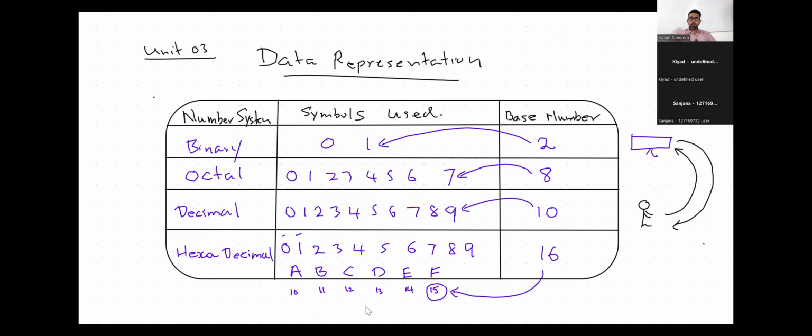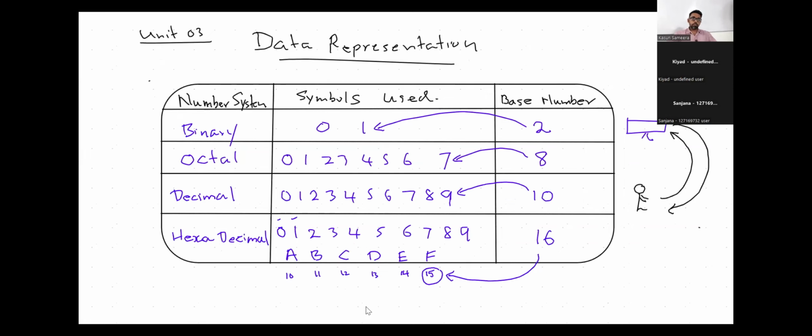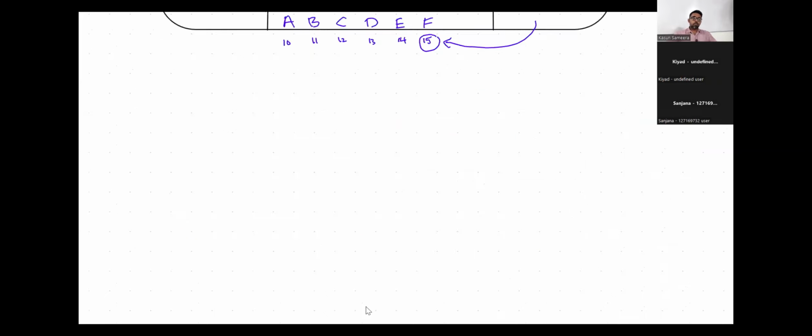The next thing you need to understand: we'll learn about the decimal number system a bit, because everybody knows about that.